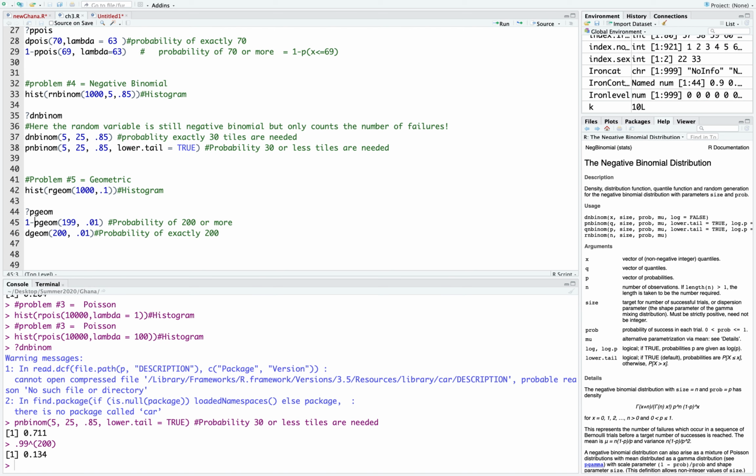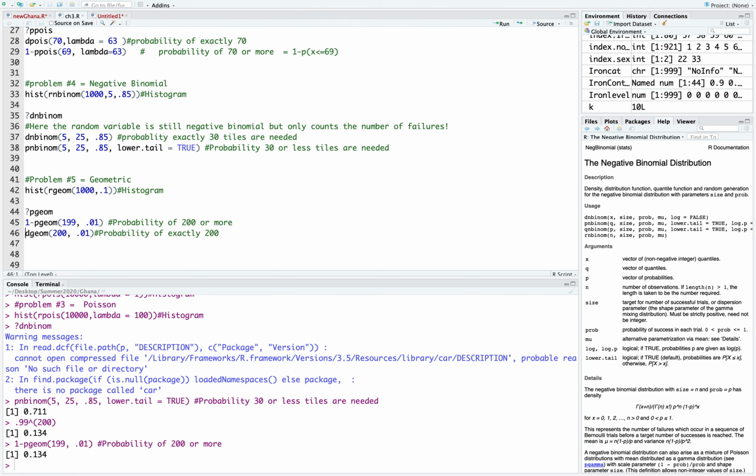What we need to calculate is 1 minus p of this geometric of 199 of 0.01, and that's 0.134.